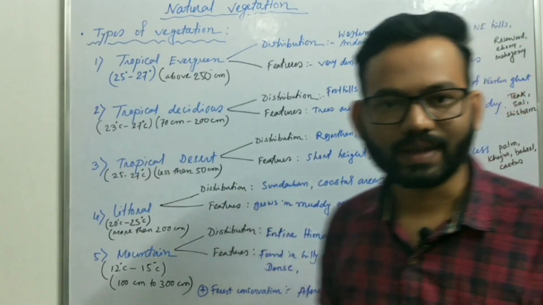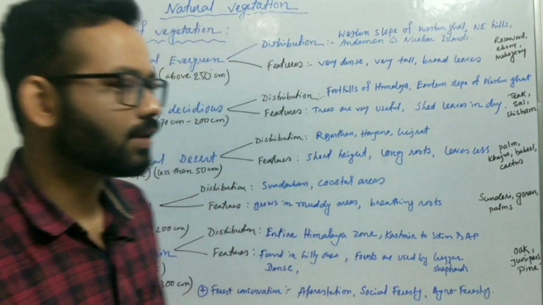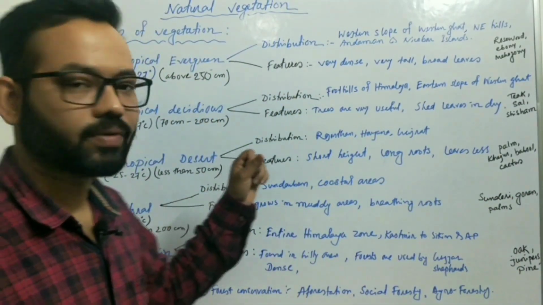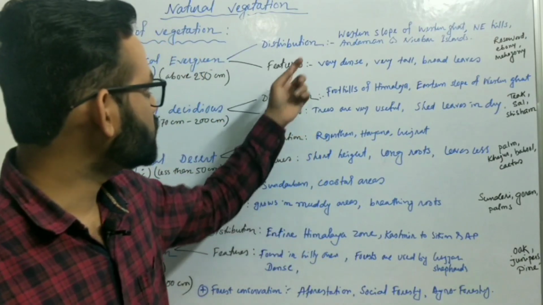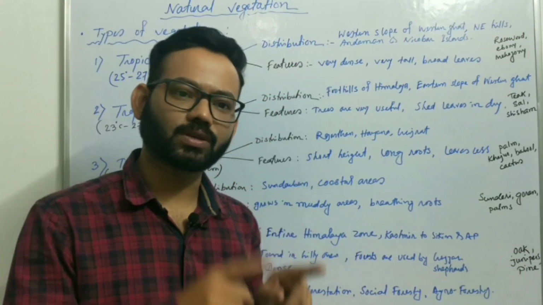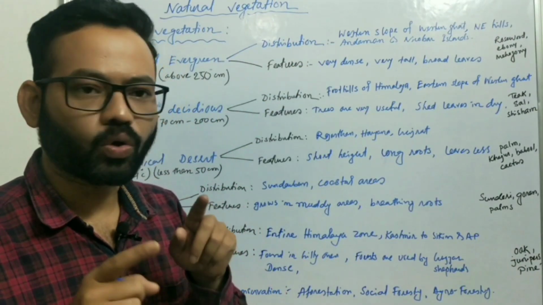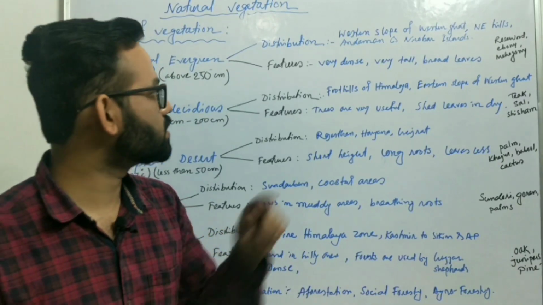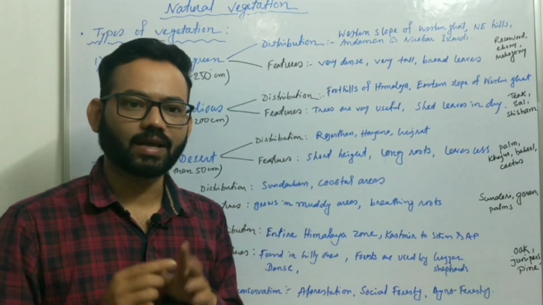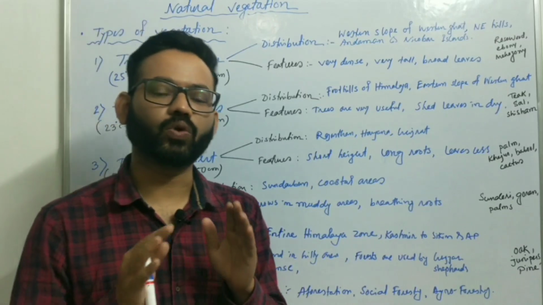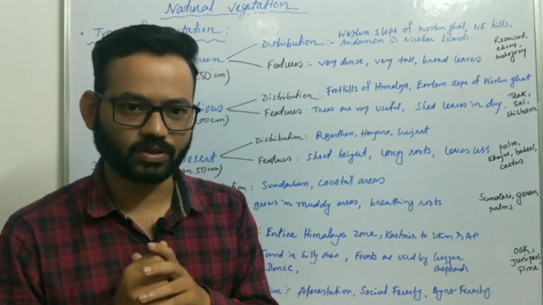And what are the areas in which we find the tropical evergreen forest? Distribution: the western part of the Western Ghats, the northeast hill regions and the Andaman and Nicobar Islands. These are the main areas where we find the tropical evergreen forest.